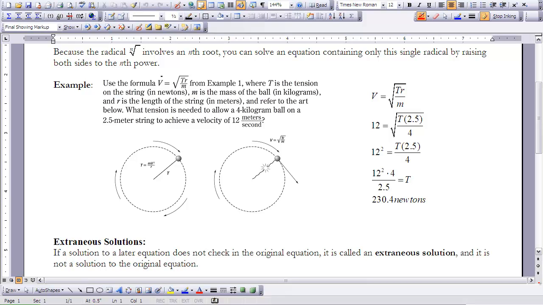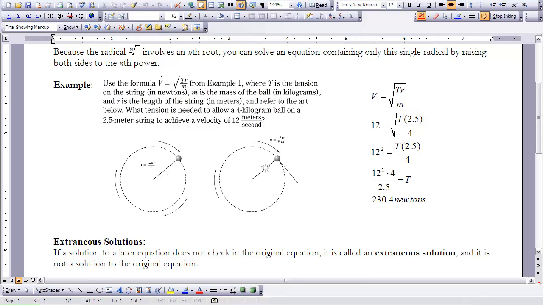We're going to insert the value of 2.5 in place of the length of the string. We have 4 kilograms for the mass, and then our velocity is 12. So in order to solve this, we need to first get rid of this radical. To undo the square root, we're going to raise everything to the power of 2.